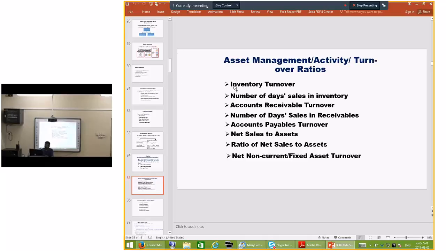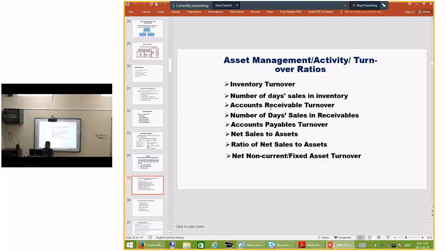Inventory turnover ratio, number of days sales in inventory or inventory residence period, or accounts receivable turnover. Again, number of days sales in receivables, accounts payable turnover, net sales to total assets, the ratio of net sales to assets, net non-current assets to fixed assets turnover, and there are a number of additional asset utilization ratios.